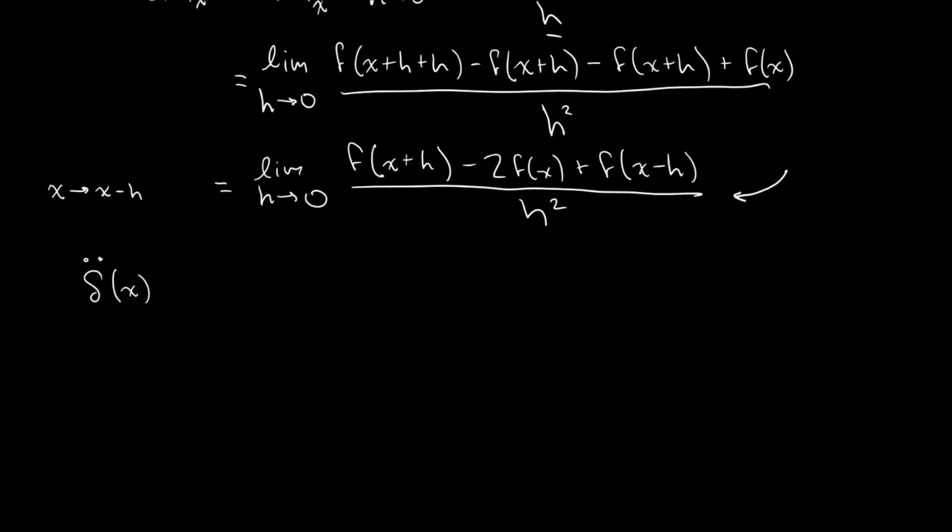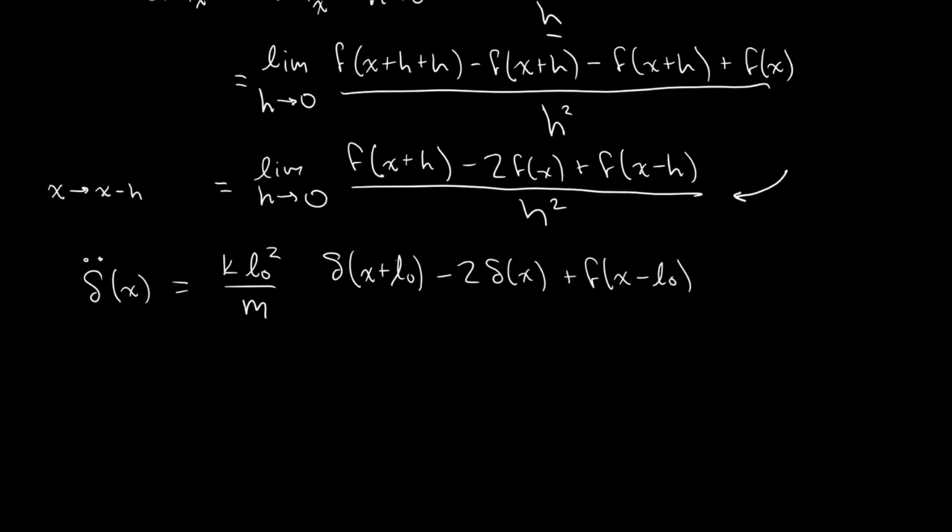So this second time derivative is going to be equal to k L naught squared over m, delta of x plus L naught minus 2 delta x plus delta of x minus L naught divided by L naught squared. Okay, this is pretty cool. We're getting somewhere with this.